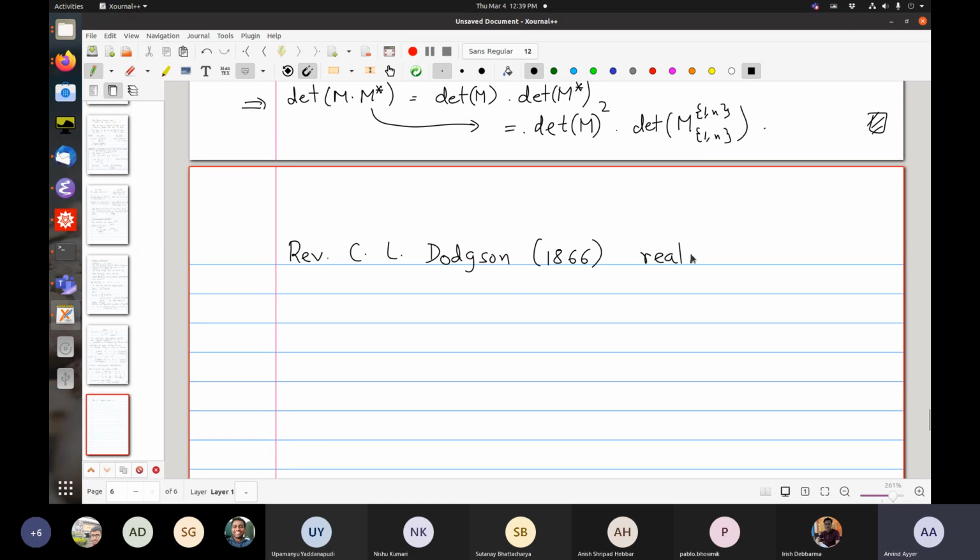So he realized that this can be used as an algorithm for computing determinants.